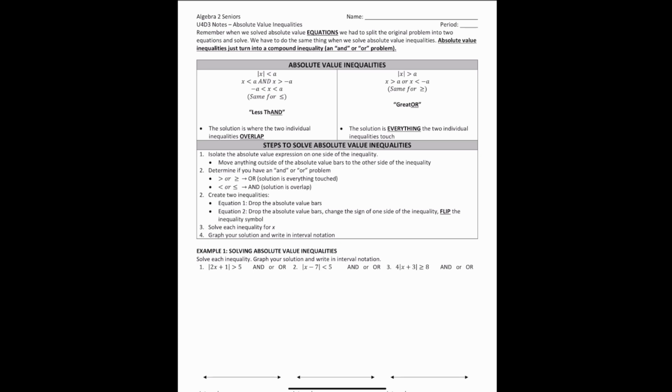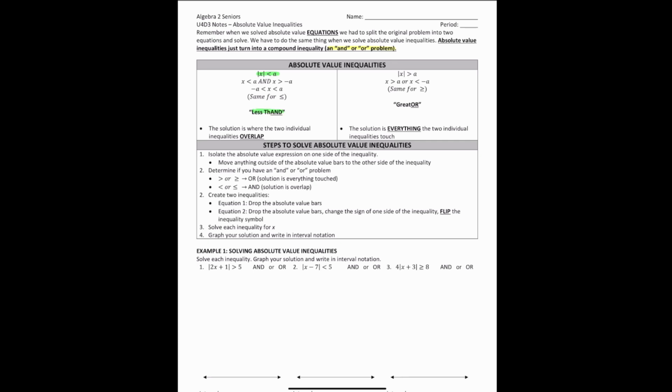Absolute value inequalities just turn into a compound inequality with an "and" or "or" problem. So here are some things that you have to know about absolute value inequalities. When we have something like the absolute value of x is less than a, and this applies to the less than symbol and the less than or equal to symbol, we use the "and" rule.